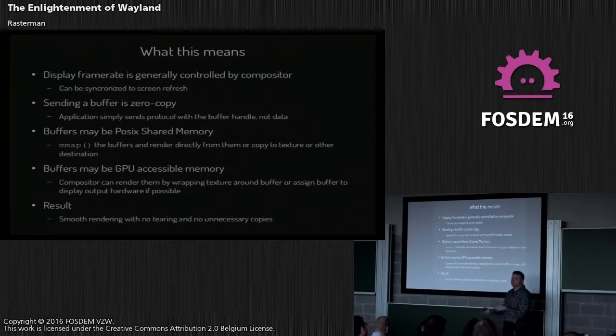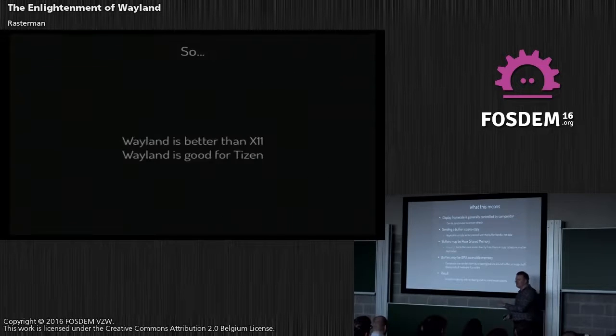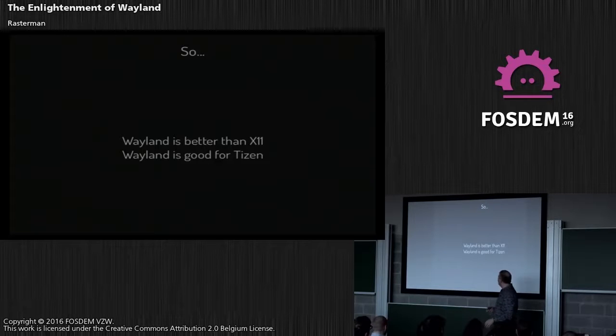Anything else is only readable by the GPU through the MMU. But hardware scan out has to be in the first fixed physical 16 megabytes. So if you want to create these buffers and render to them, you have to explicitly request a buffer that is able to be scanned out. But the result is smooth rendering with no tearing, as long as you're able to render fast enough.